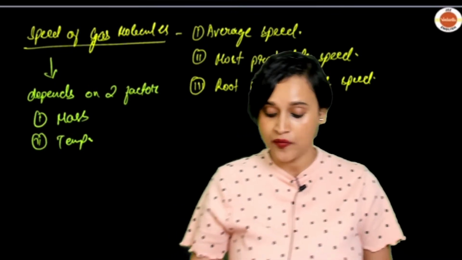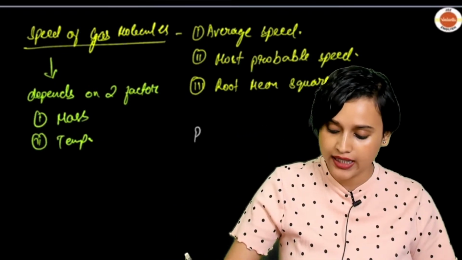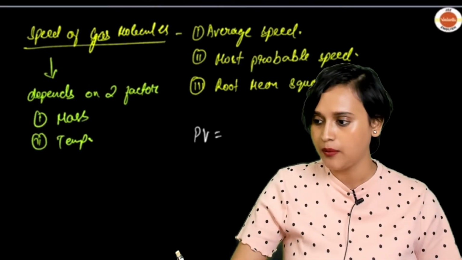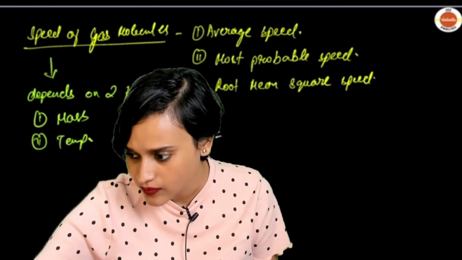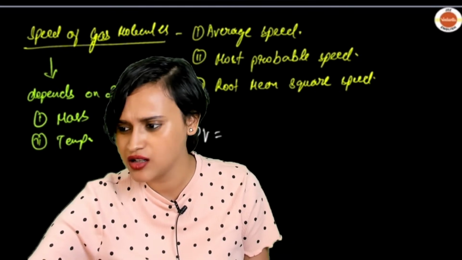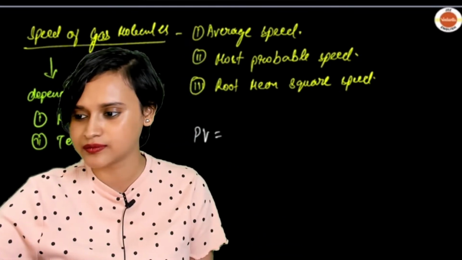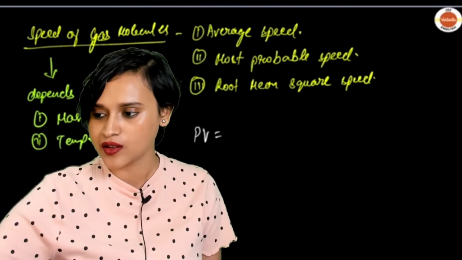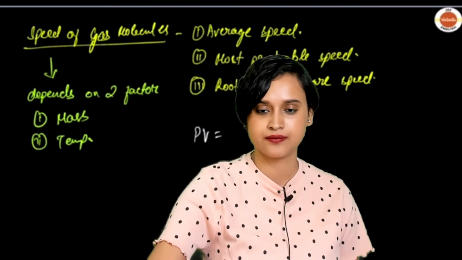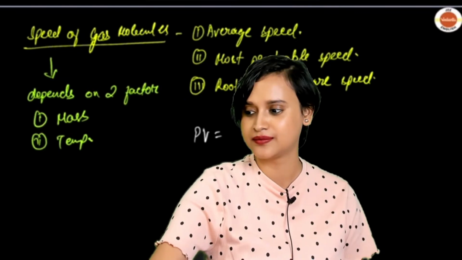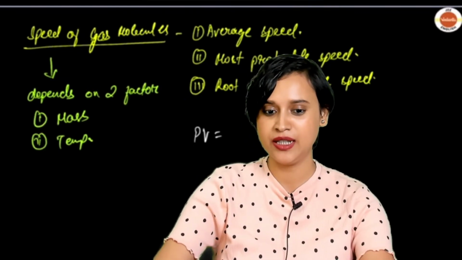Okay, great. All right. Now, here is a formula, that is PV is equal to... about me? No? What was the meme? I haven't seen it. I'll check it later.